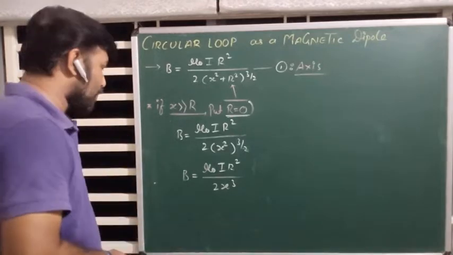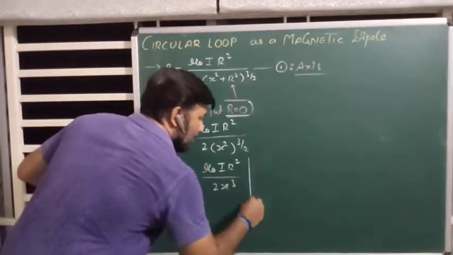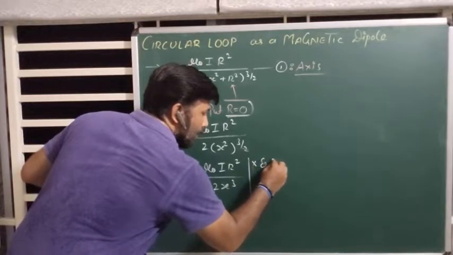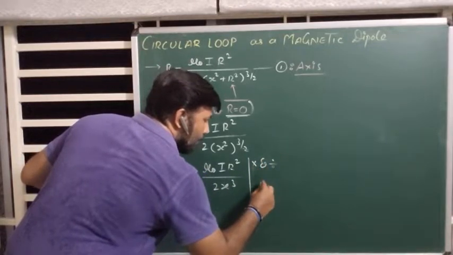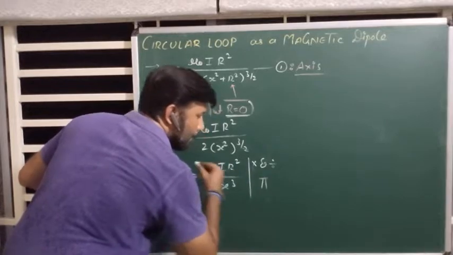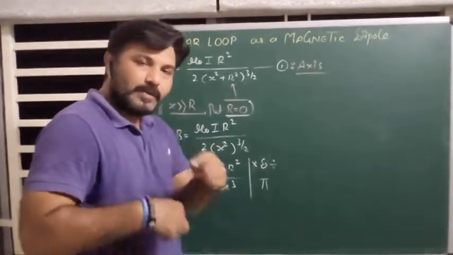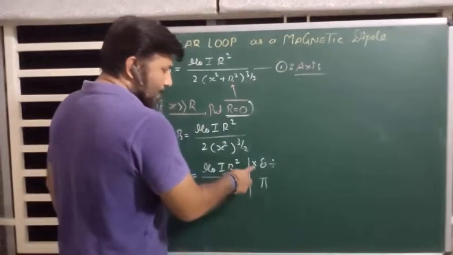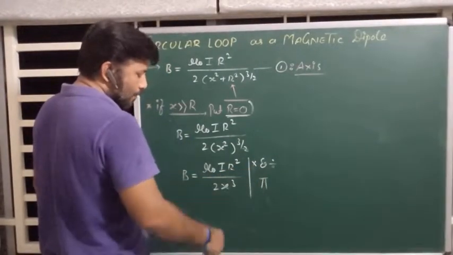Now what to do? For this equation you have to multiply and divide by pi. Why? We will see later on. Multiply by pi and divide by pi.